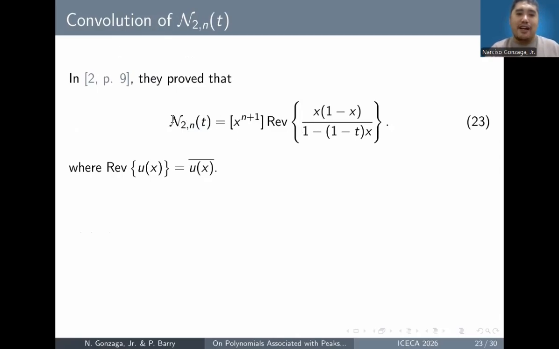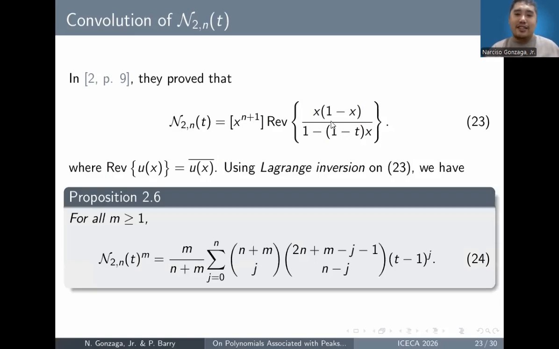In the paper of Barry and Hennessy, they prove that the Narayana polynomial is the coefficient of x to the n plus 1 of this generating function here, where the reversion operator spits out the compositional inverse. So by applying Lagrange inversion on the right-hand side of equation 23, we get the convolution formula for the Narayana polynomials of the second kind.